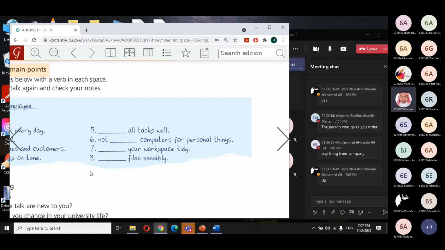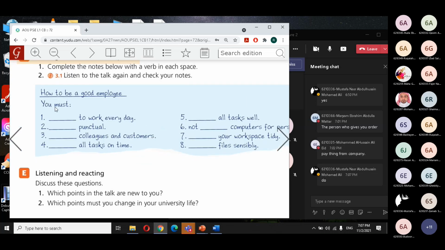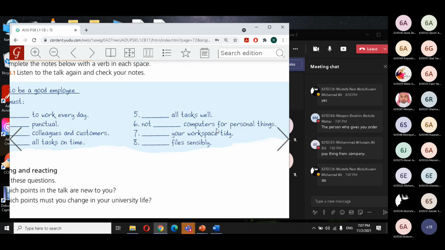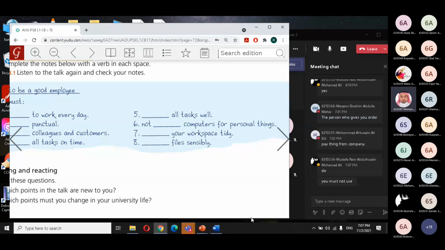All of them we said start with "you must", so here it is "you must not use computer for personal things." Number 7, "you must your workspace tidy." Keep. Excellent. You must keep your workspace tidy.